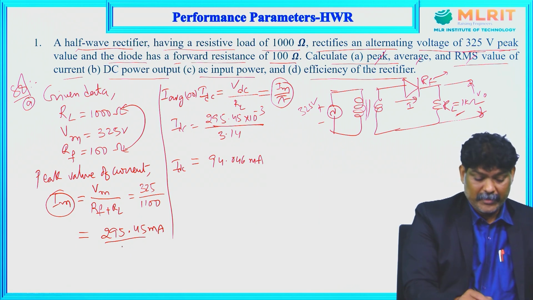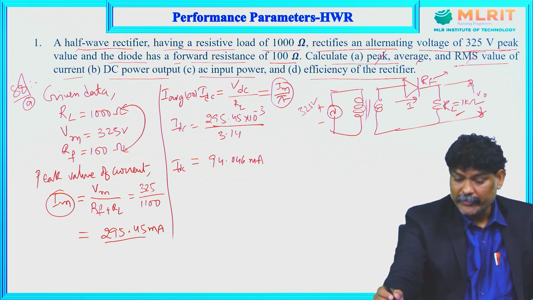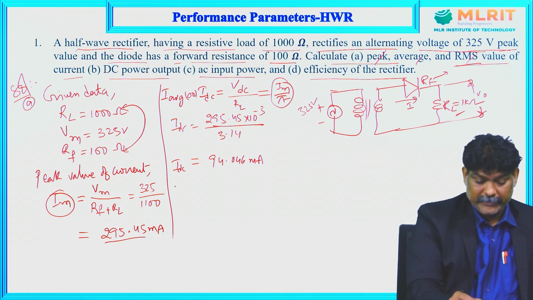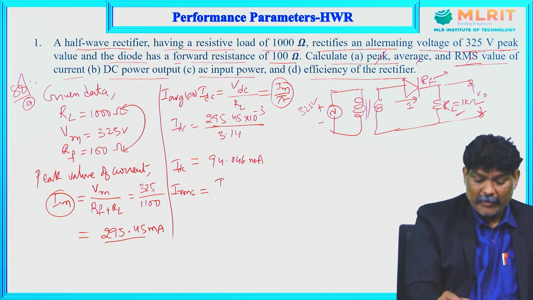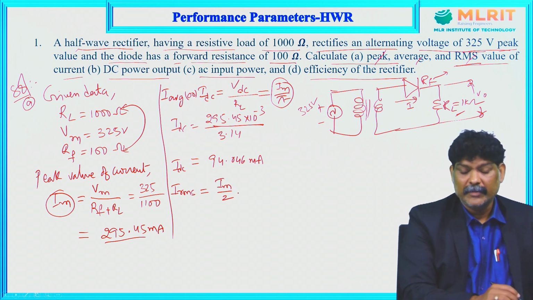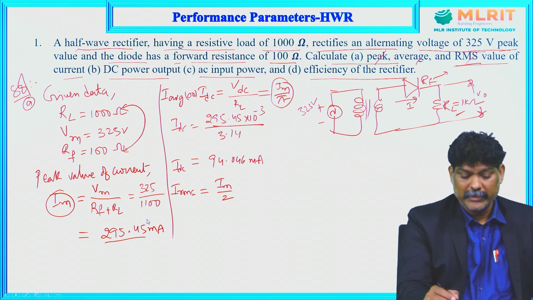Now the next parameter we have to find is the RMS current, that is called IRMS. The root mean square current for a half-wave rectifier is given by Im by 2.